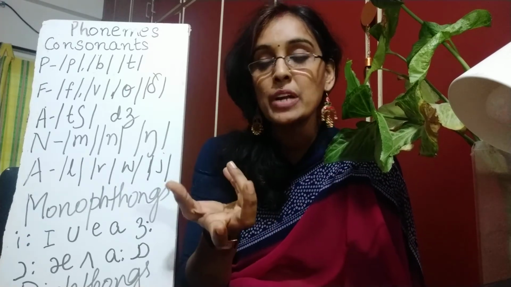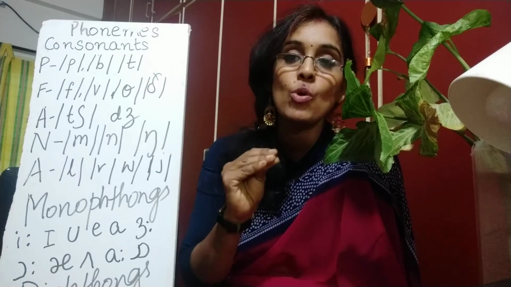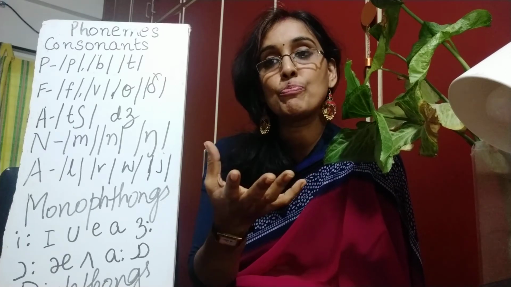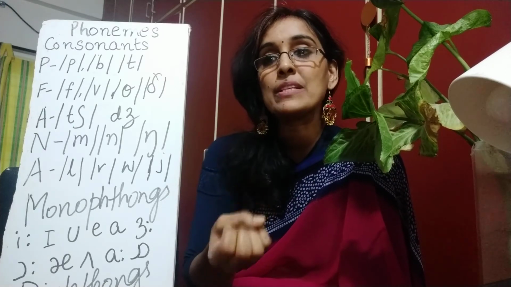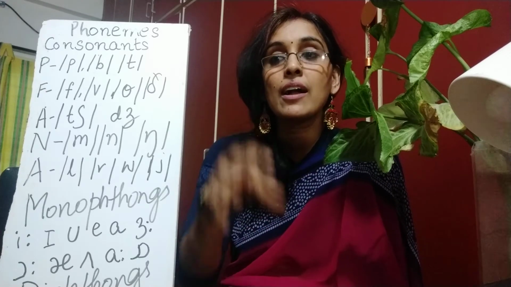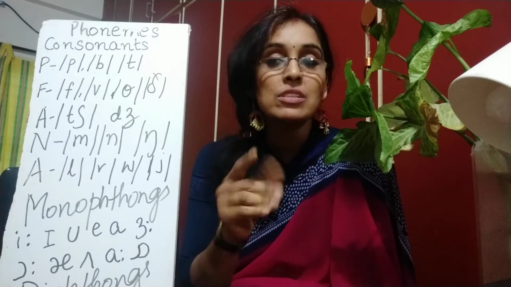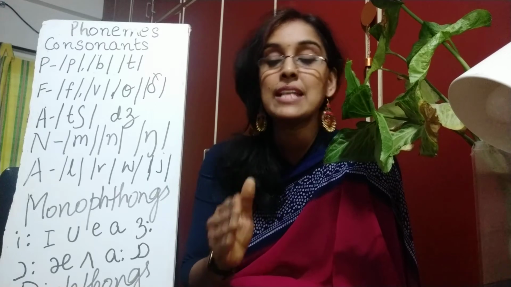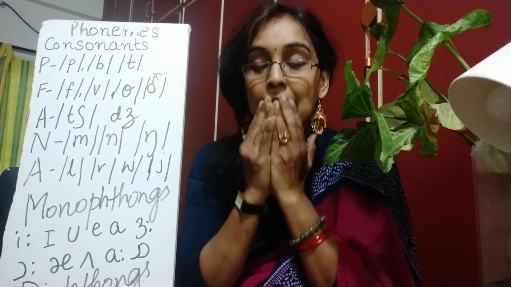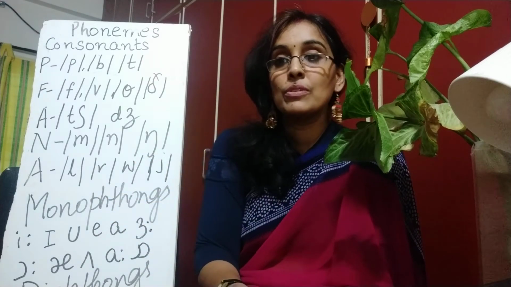If I pronounce P, I completely close my mouth and then release the air to pronounce P. The same thing happens when I pronounce B, T, D, K and G. These are the six sounds. They are not letters. They are sounds that are produced when we block the air and then release it from our mouth.